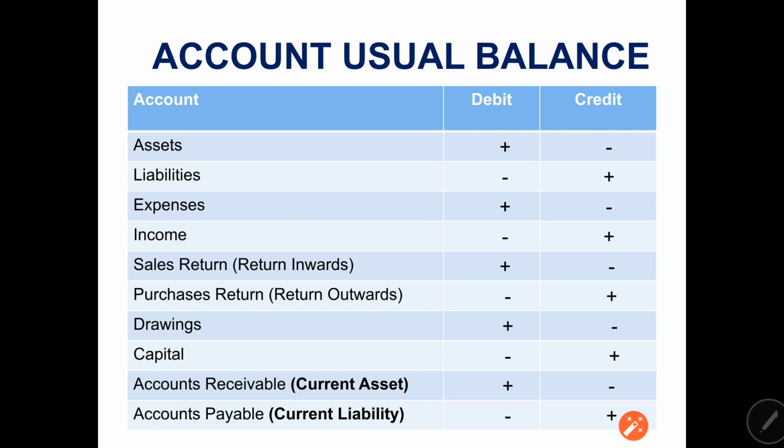Okay, for capital 呢，它的这个 usual balance 呢，其实是在 credit side，所以它的意思呢，左边是减，右边是增加的意思。Okay, and for account receivable 因为它其实本身就是一个 current asset，所以你把它记成是 asset，它的 usual balance 是在 debit 的。OK，然后最后一个 current liability，这个 accounts payable 它是 current liability，so 它是一个 liability，它是一个负债，所以呢，它的 usual balance 是在右边，就是在 credit，因为它是减加的一个 concept。Okay, so these are the things that we learned in the previous chapter.